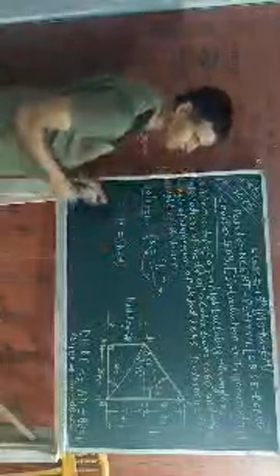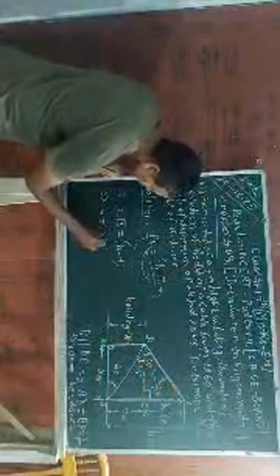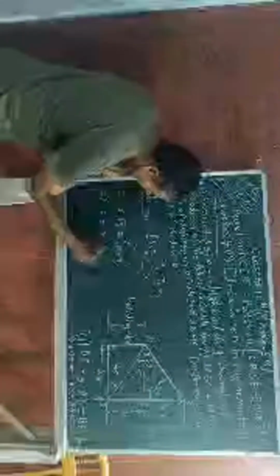Now here I will simplify because we have to find the height of the tower, which means the height of the tower cable from B to C. So I will write this expression in the form of h. So h is equal to x root 3 plus 7.